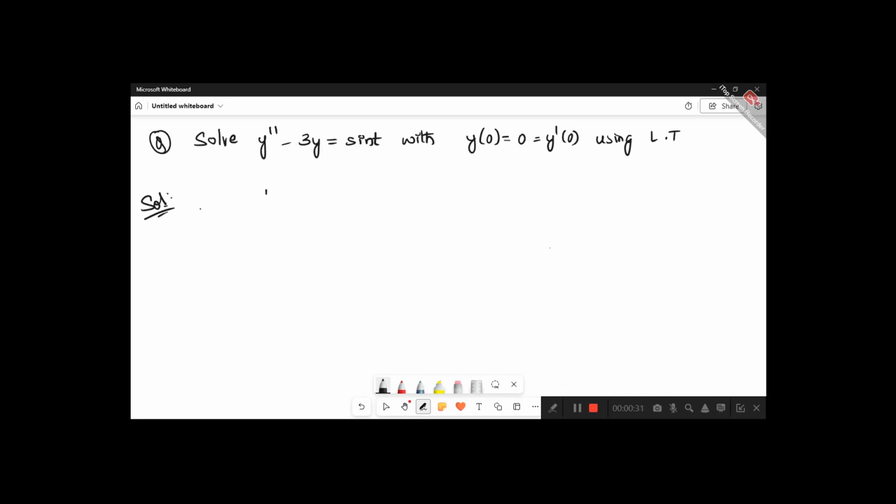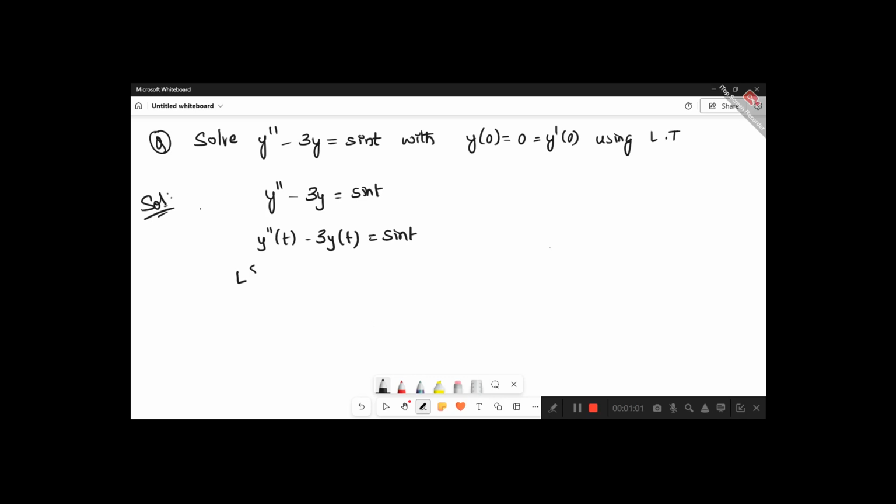First let's take the differential equation y double dash minus 3y is equal to sin of t. Since this is a function with respect to t, we can write this as y double dash of t minus 3y of t is equal to sin t. Now we need to apply Laplace transform on both sides.